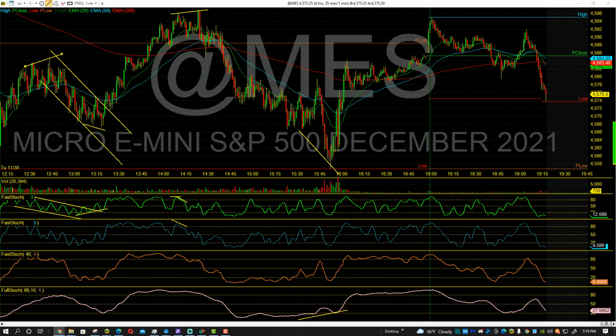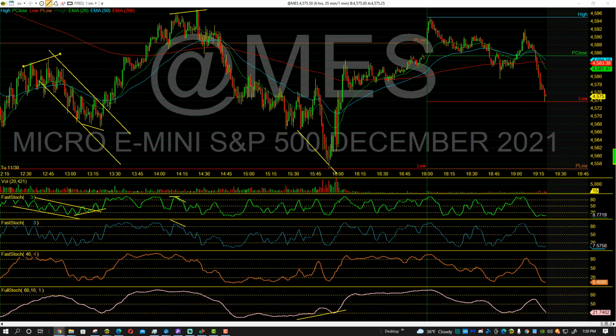In the meantime, take advantage of the Cyber Monday sale and take advantage of the divergent setups. Don't want to miss them. These are all money-making opportunities. Even if you're trading the MES, the ES, each one of these is a $100 trade, and if you could pull out 3-4 of these and build up your account and take bigger positions, this starts to roll.